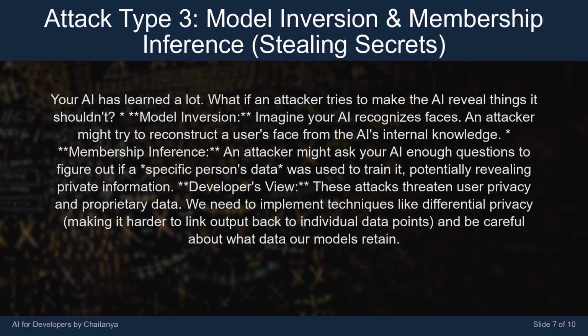Developers, these attacks threaten user privacy and proprietary data. We need to implement techniques like differential privacy, making it harder to link output back to individual data points, and be careful about what data our models retain.